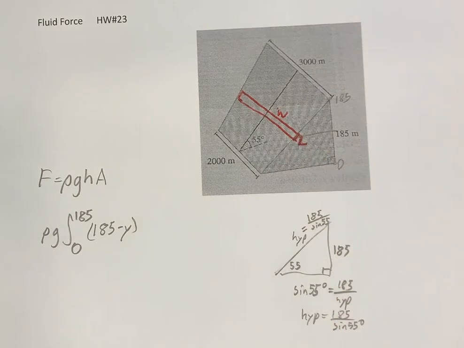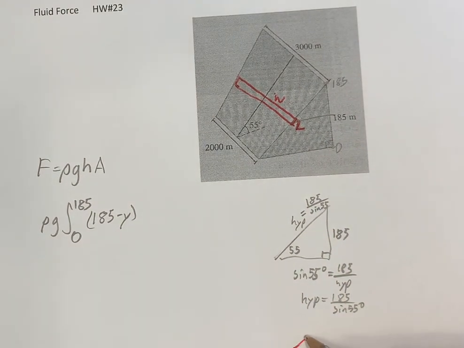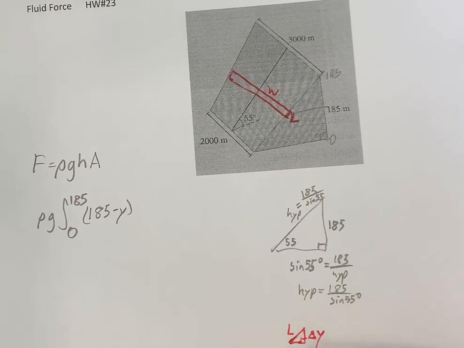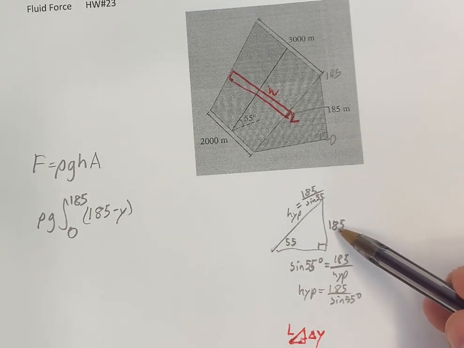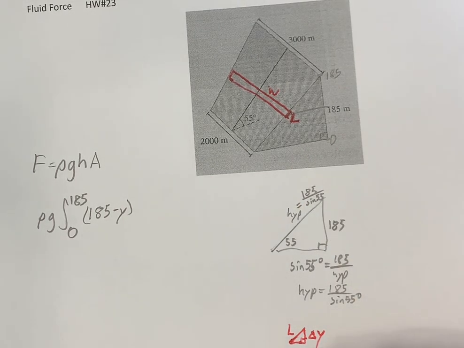And this L here, if you're thinking about that L, that's a similar triangle. I want to know how long that L is when I have a change in y over here. So if L is to y the same as 185 over sine 55 is to 185, right?